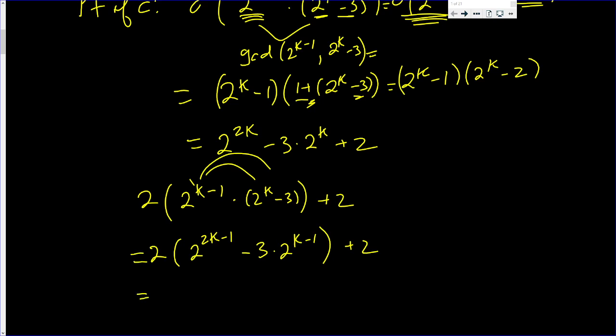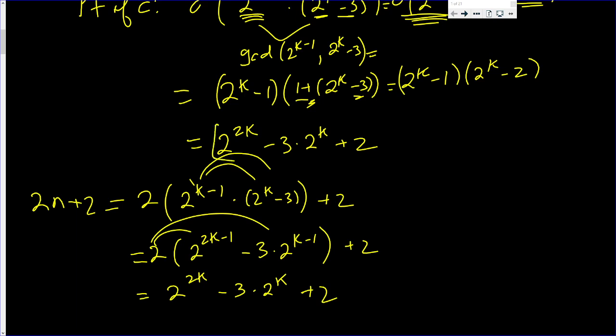But that is, so this top line is 2n plus 2. And if I distribute the 2, I get 2 to the 2k minus 3 times 2 to the k plus 2. But that's exactly what I got.